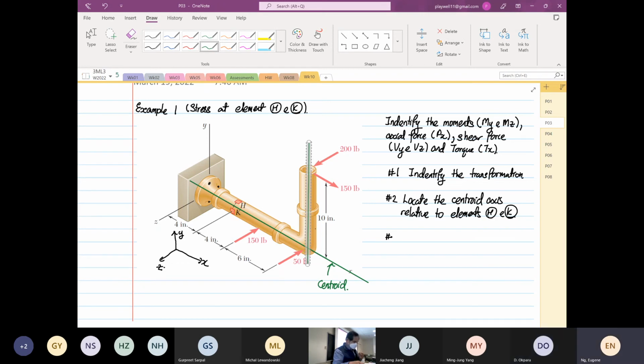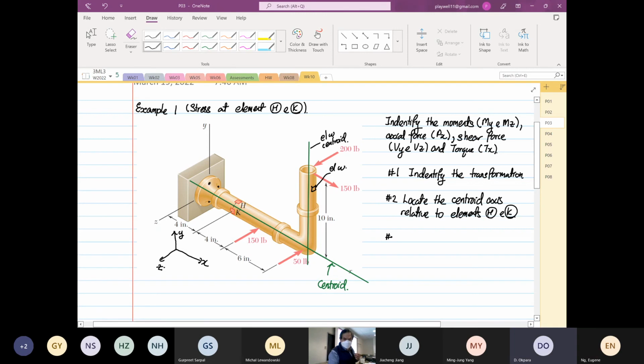So let's say this is your element W. Okay, so this is the centroid for element W. Does that make sense? So two centroids?